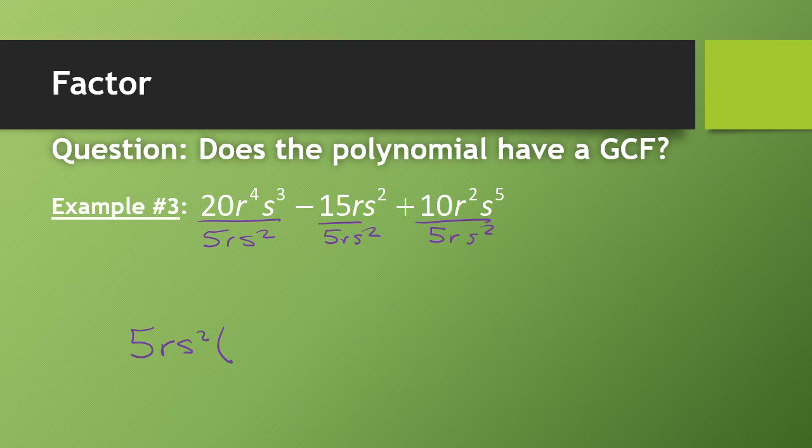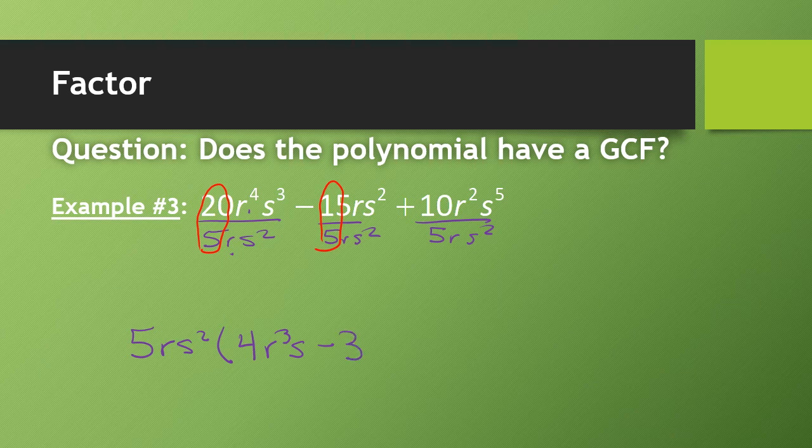Wow, you guys are amazing. That was so fast. So let's look at this. I'm going to take my number and divide it by my number. 20 divided by 5 is 4. I have r to the 4th and an r. If I cancel those, I'm left with r cubed, and s cubed over s squared is simply s. I'm going to subtract. I come to my next term: 15 divided by 5 is 3.